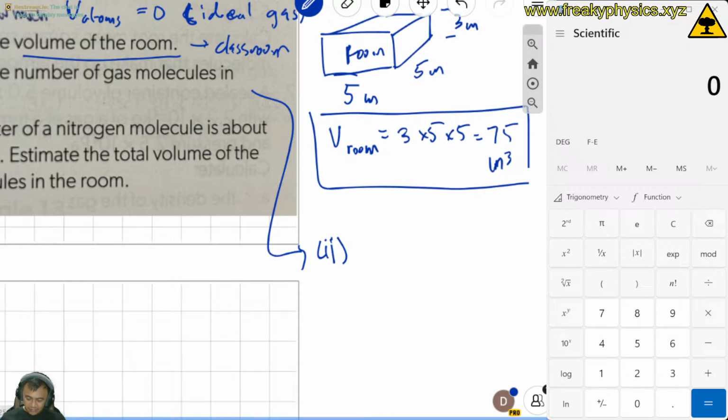Okay, this time around, let's take a look at the data booklet. Where's the data booklet? I have it open. There are 2 formulas you can use. One of them would be better. It's under B3.